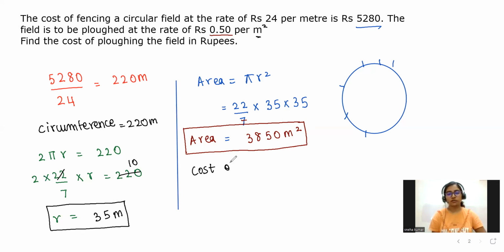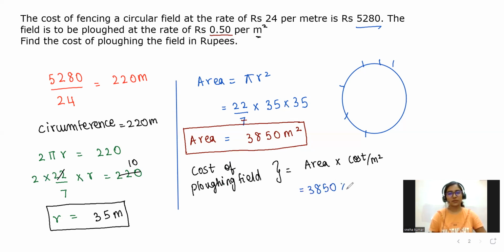So the cost of plowing the entire field would be equal to the area that we found into cost per meter square. Area, which I just now got to be 3850 meters square, into 0.5. Simplify this and find out what answer we get.